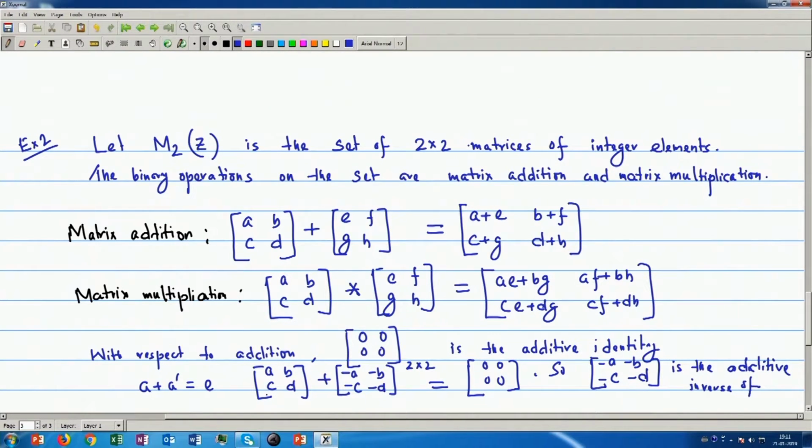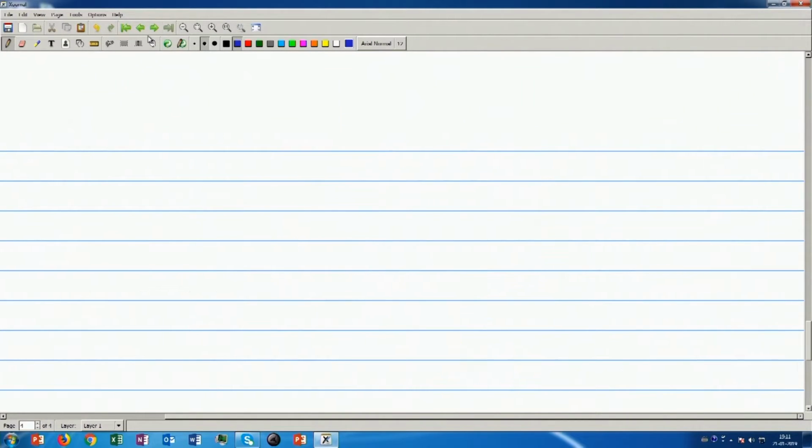Since matrix addition is element-wise and our normal addition satisfies closure, obviously for matrix addition also the closure property holds.